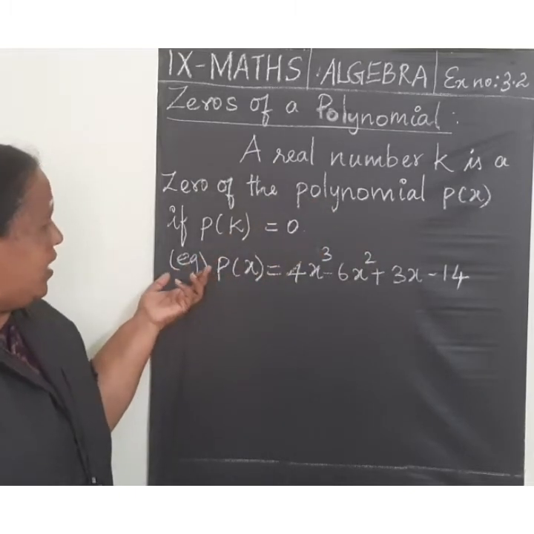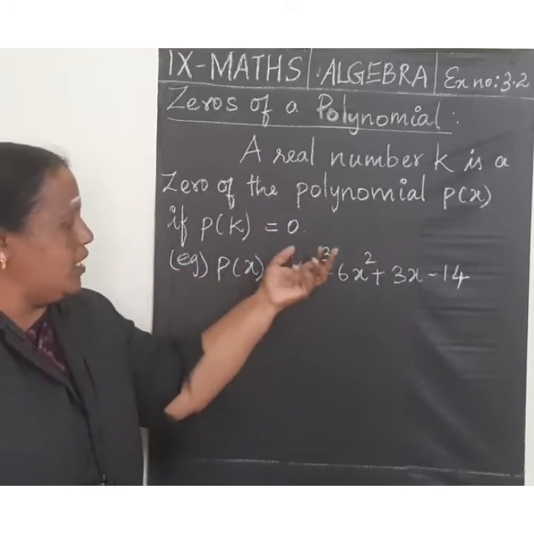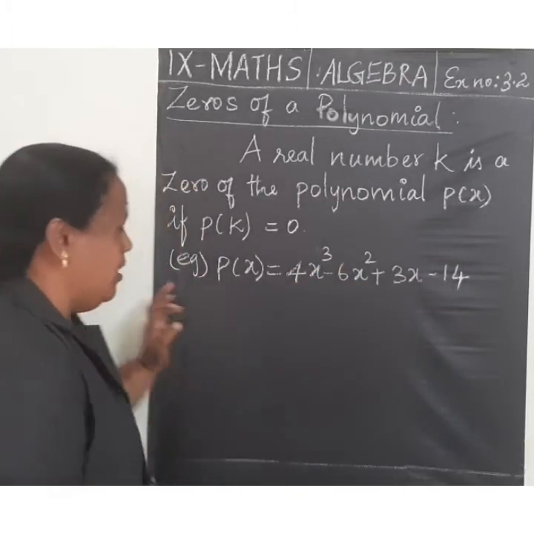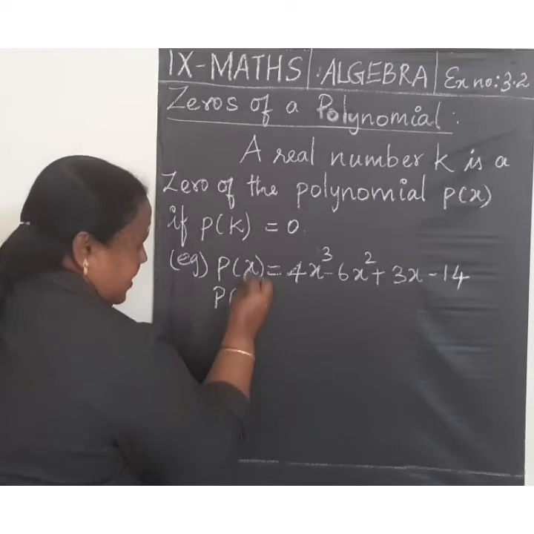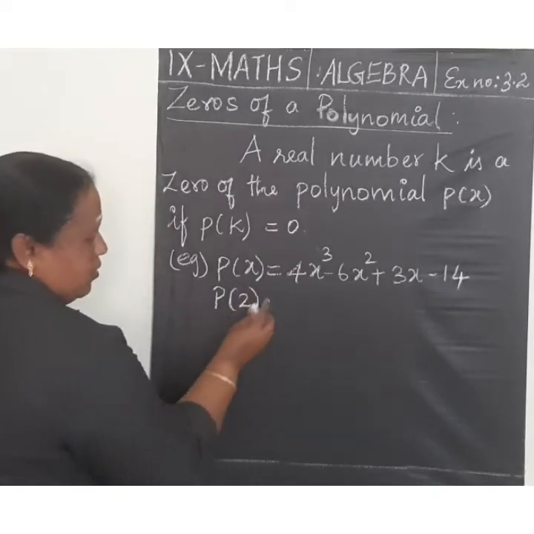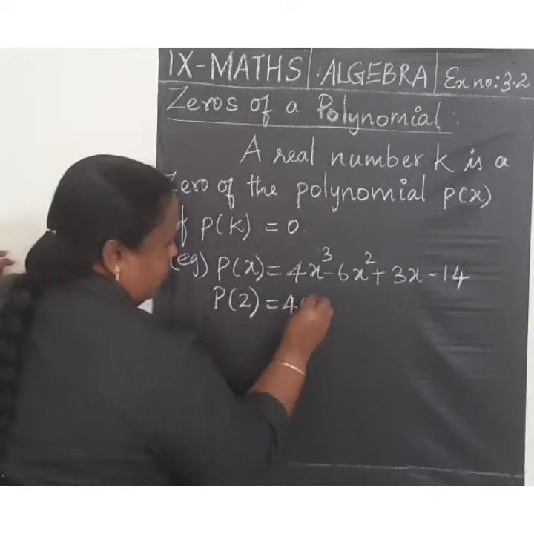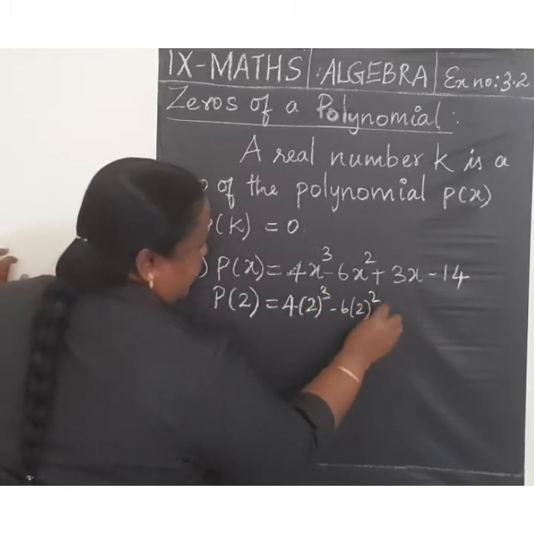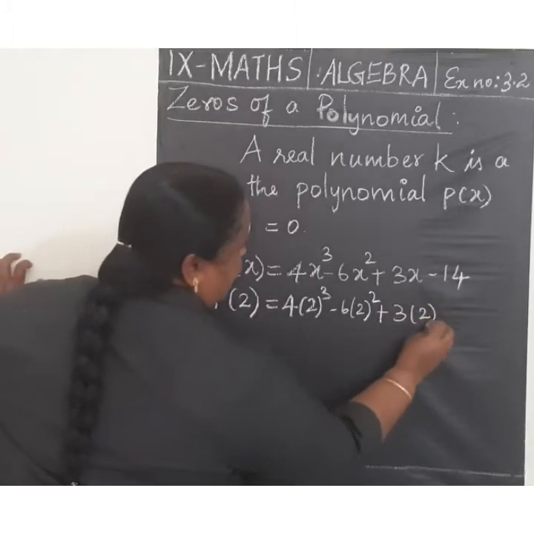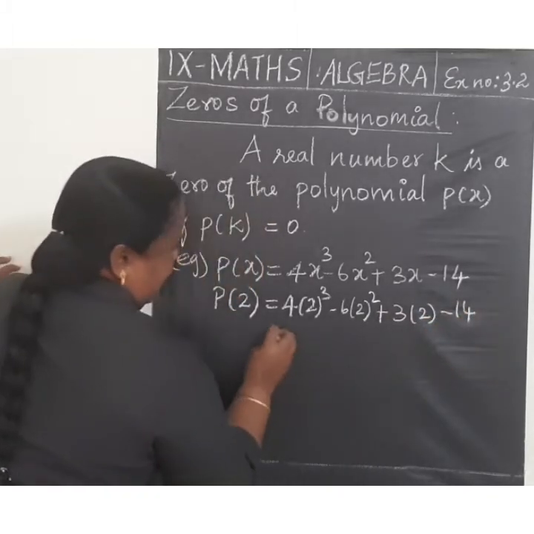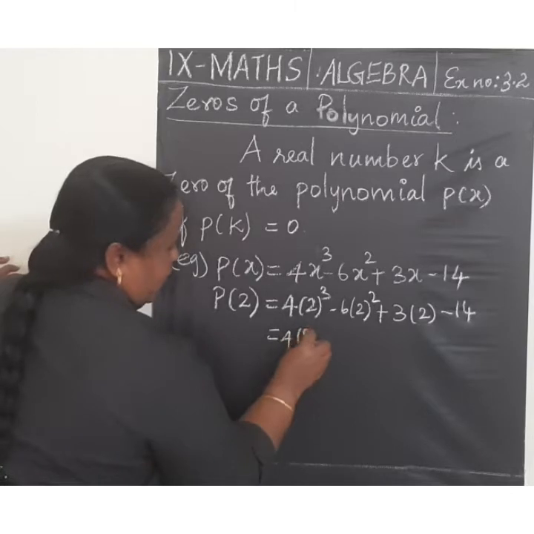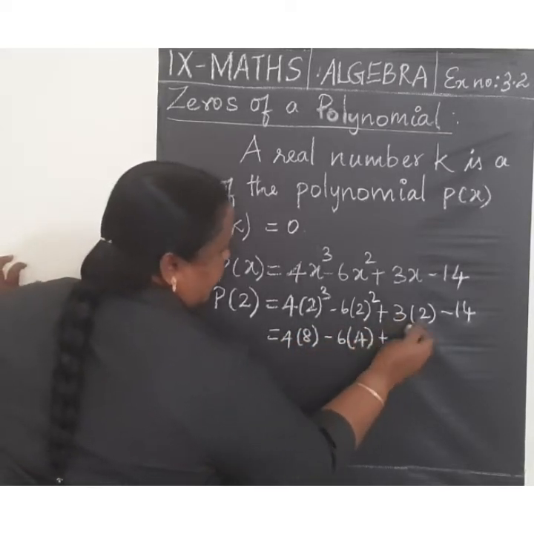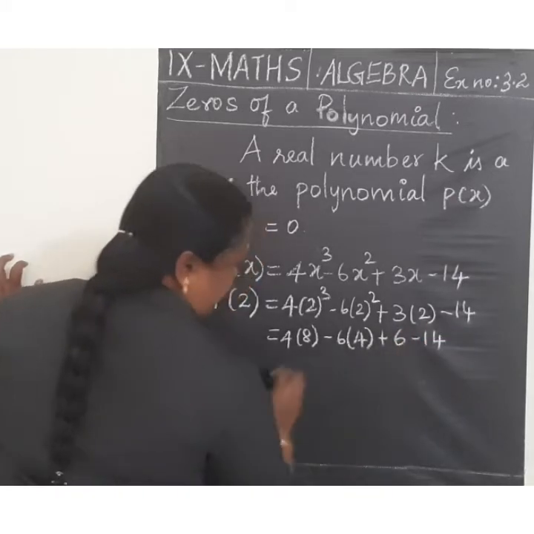So for the example, we take p of x is equal to 4x cube minus 6x square plus 3x minus 14. Here in the place of x we substitute 2. So 4 into 2 cube minus 6 into 2 square plus 3 into 2 minus 14. That is 4 into 8, minus 6 into 4, plus 3 twos are 6, minus 14.